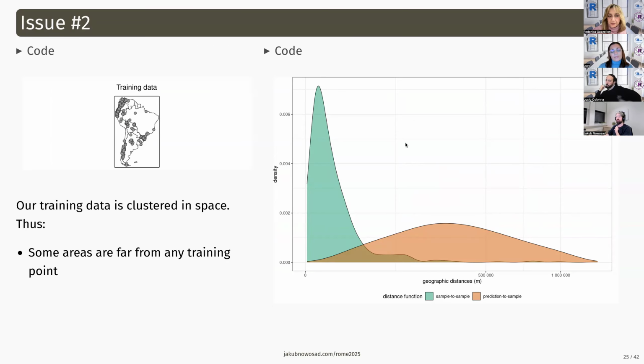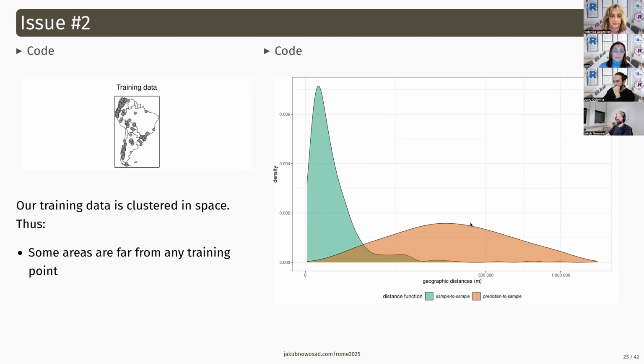And this is underlined on this figure on the right, where you can see two distances. So the green distance is a distance called sample to sample. So basically, it's a density of the distances between our training points. And this orange one is a distance between our points and the places that we want to predict.